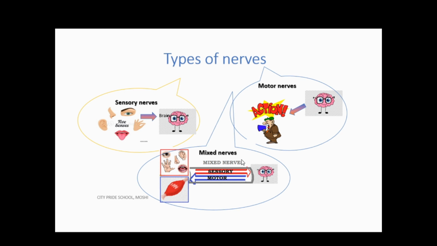The mixed nerves or spinal nerves are found close to the spinal cord, and they are made up of both sensory nerve fibers as well as motor nerve fibers. Now we shall learn more about mixed nerves in the next few slides, where we will learn about the reflex actions.